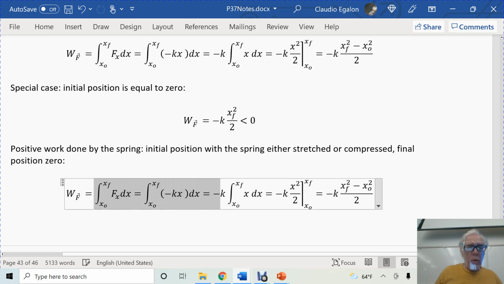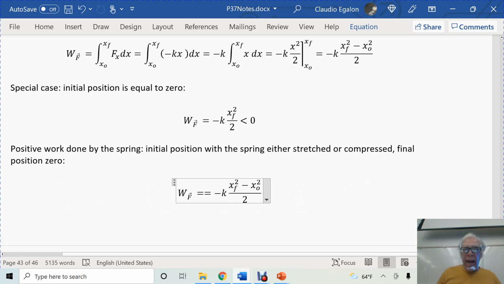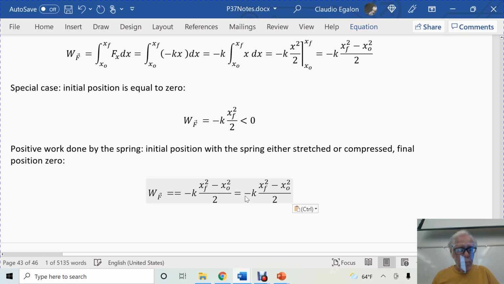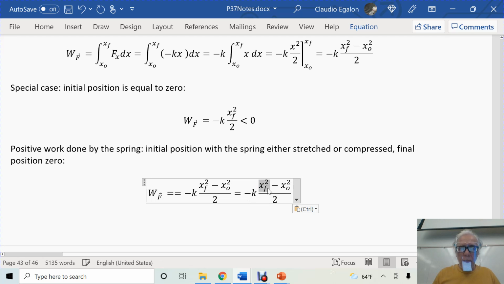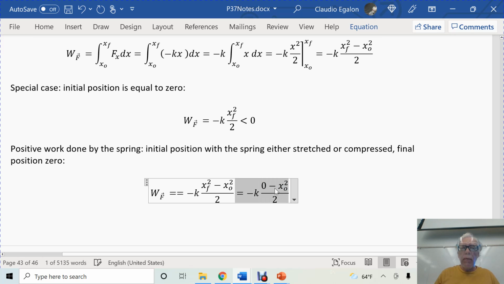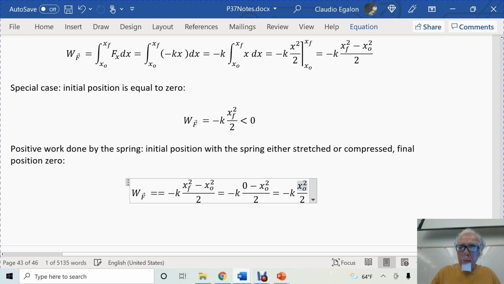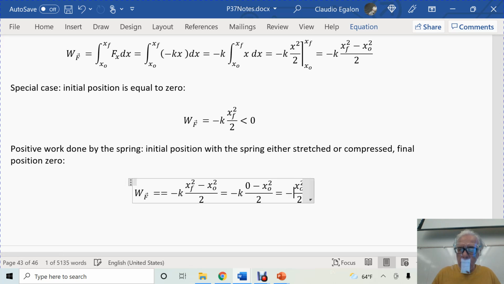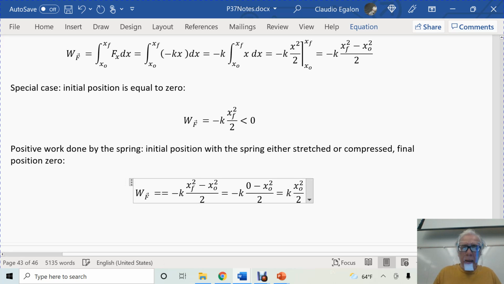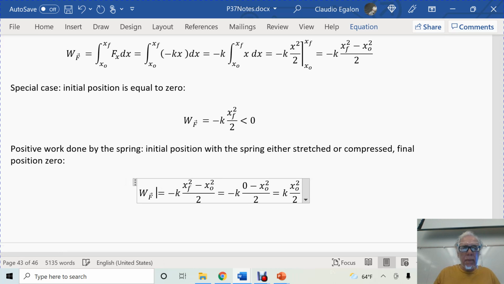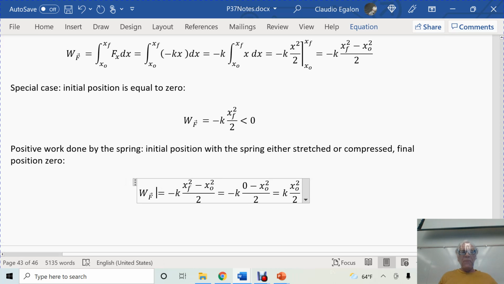Work done. Final position is 0. Initial position is non-zero. This negative cancels out with this negative. Like that.